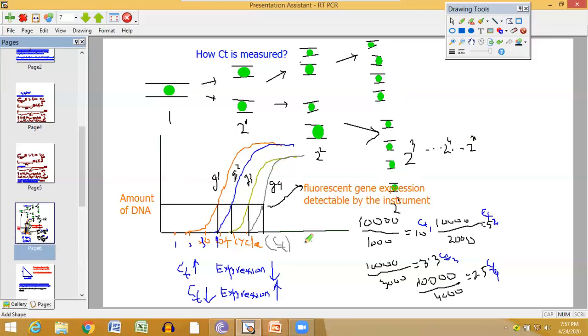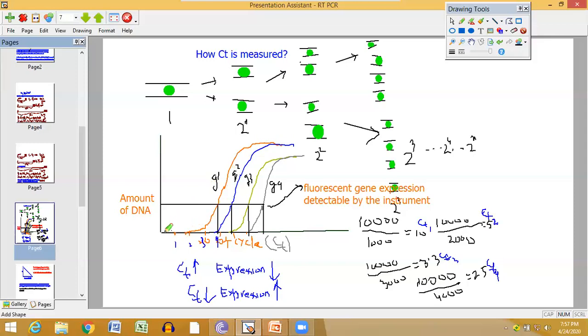How to take the CT? To understand that, we need to look at this graph. This graph is very similar to a bacterial growth curve. It is the propagation curve of DNA amplification in a PCR, especially when you are incorporating signal-producing dyes.